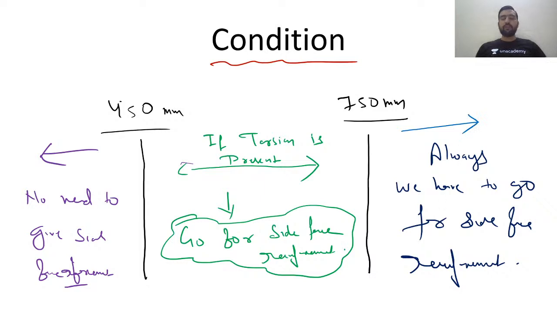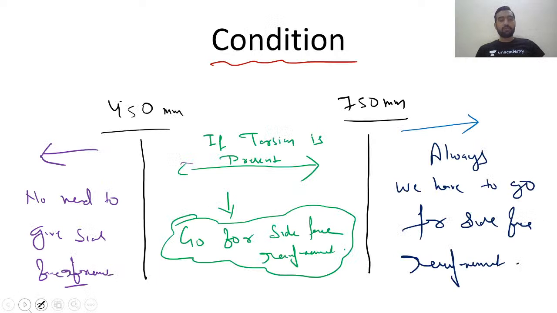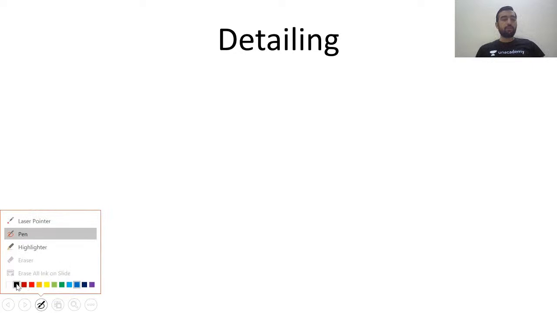So what is side face reinforcement? Let me draw it for you guys once again. Not once again, it means I am going to show you the detailing one more time. This time I will be doing it fast.